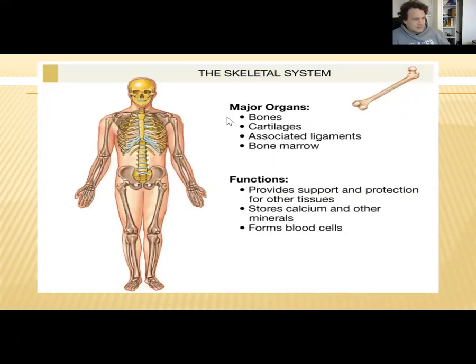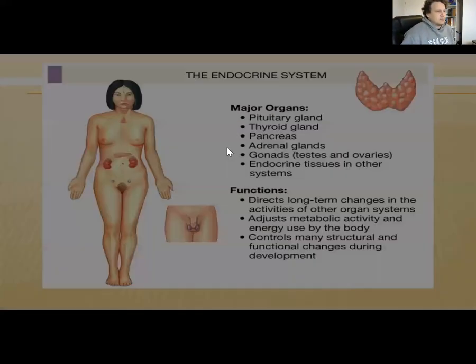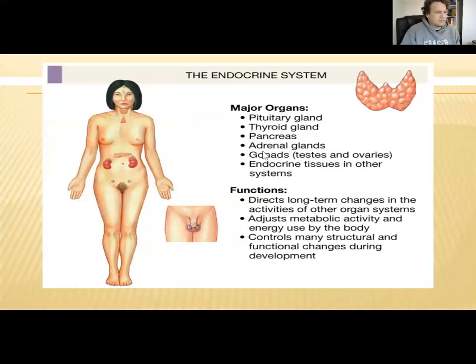So skeletal system, fairly obvious, the skeleton, but it's not just the bones: ligaments, tendons, the bone marrow itself inside the bones. It provides support and protection, stores calcium, and inside the bone marrow, it forms the white and red blood cells. Endocrine system: pituitary gland, thyroid, pancreas, adrenal, and it produces all of the hormones.